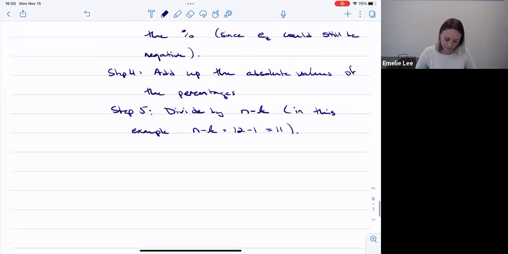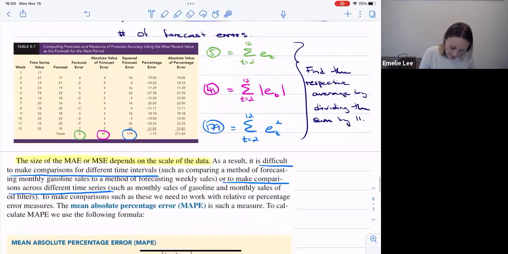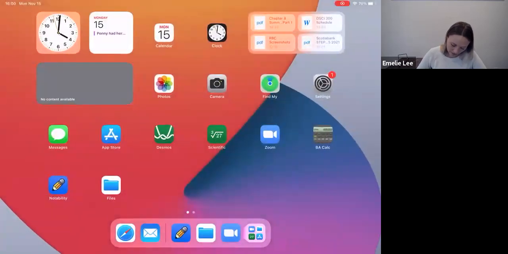Okay, good. So we have the percentage error. What we'll try is, what if we take the forecast error, that's 4 for the second week, I should say, and then we have our actual time series value, which is 21. I'm going to find my calculator here.